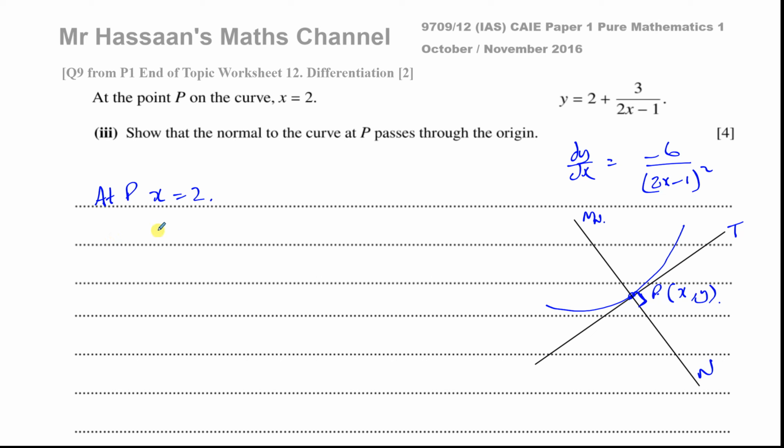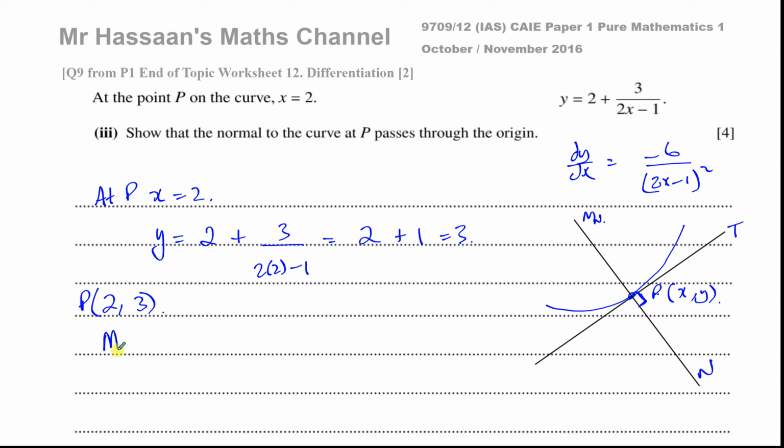So we can find out what y is by replacing the x with 2 in the original equation for y. So 2 plus 3 over (2 times 2 minus 1). Okay, so that's going to give you 2 plus, and that's 4 minus 1, which is 3. So it's 2 plus 3 over 3, which is 2 plus 1, which is 3. So the coordinates of point P are (2, 3).